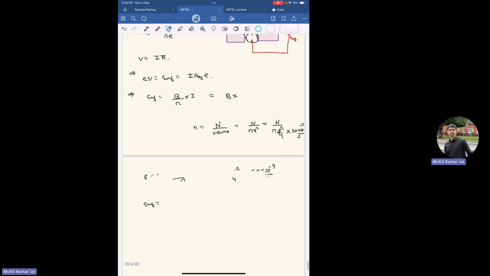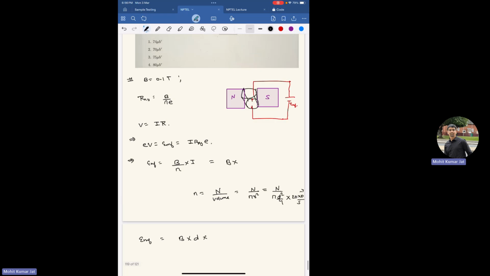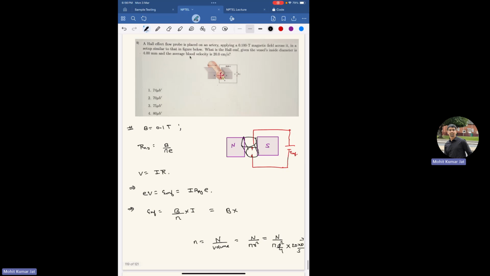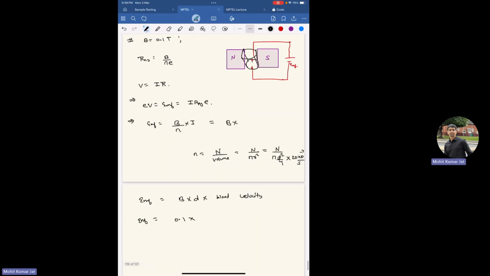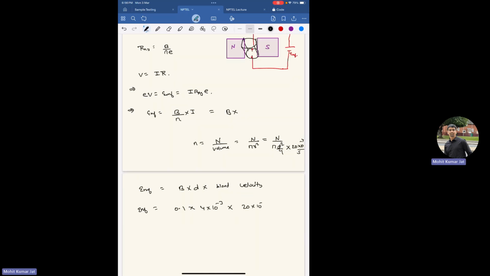No, sorry, here's a mistake I did. So EMF here will be nothing but B times d times the blood velocity. It will boil down to that equation: 0.1 Tesla times d, which is 4 into 10 power minus 3, times blood velocity, which is 20 into 10 power minus 2.